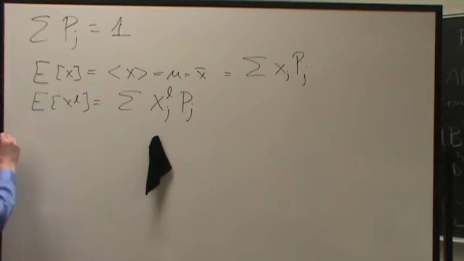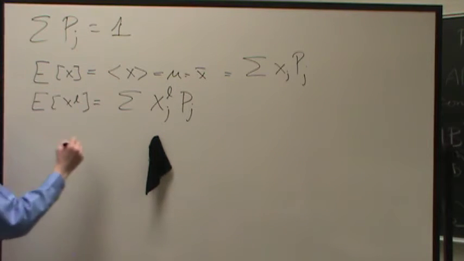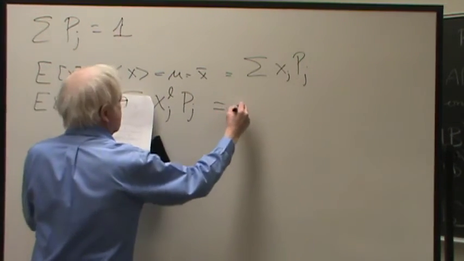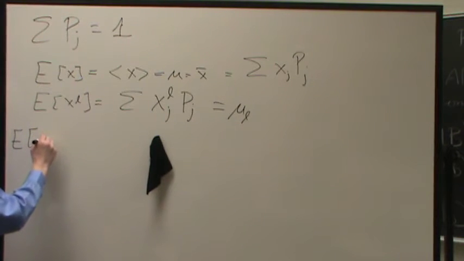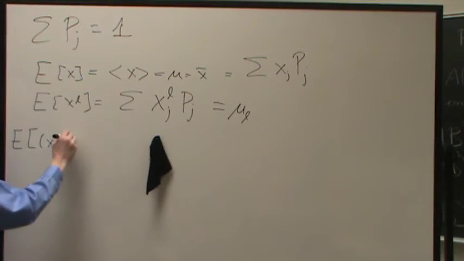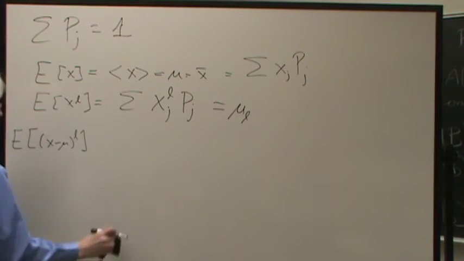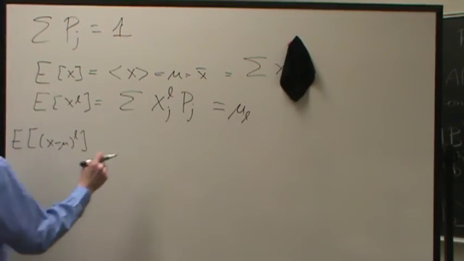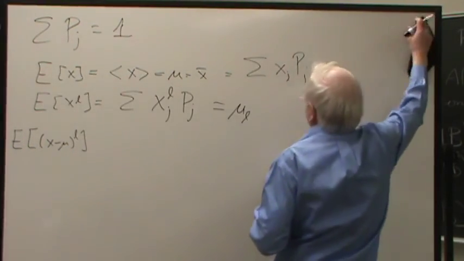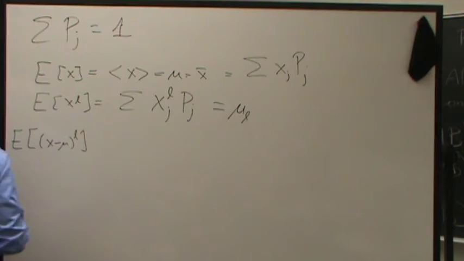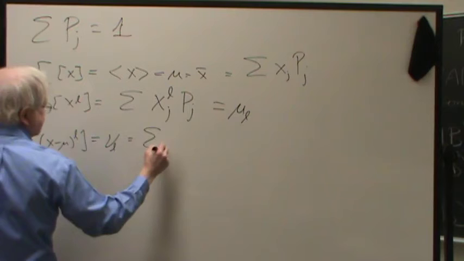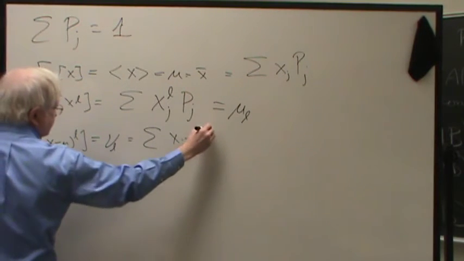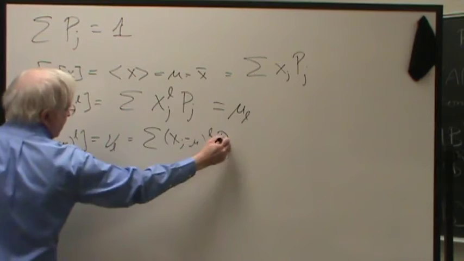And then there's something called the Lth central moment, and this is called mu sub L. Then there's something called the expected value of the Lth central moment, and this is called nu sub L, and this of course is the sum of xj minus mu to the L, pj.